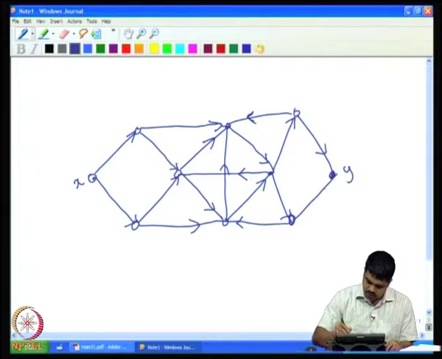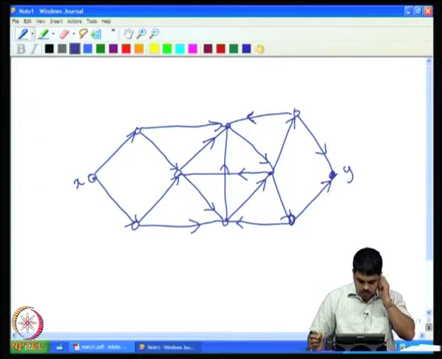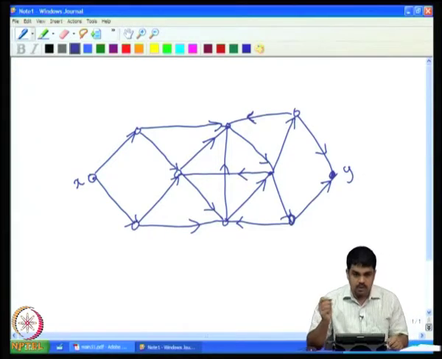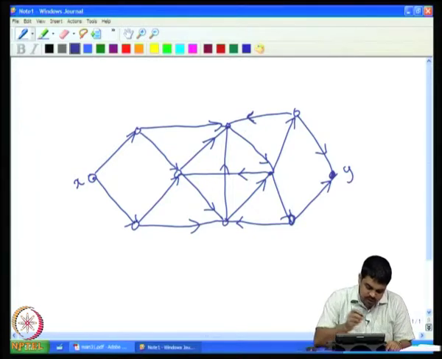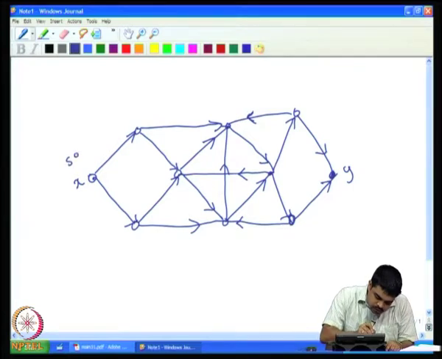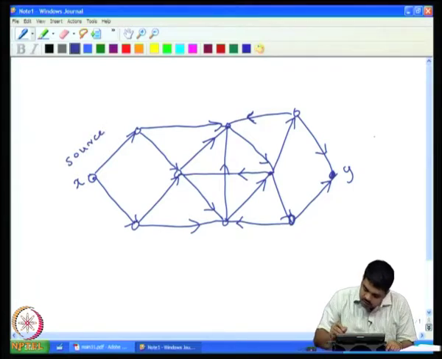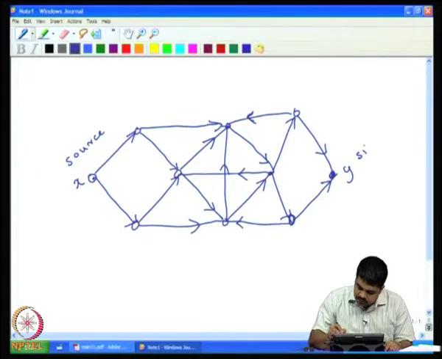So, here is a network. Okay. Now, this is the underlying directed graph of the network. So, here is the source, this is the source, and this is the sink.